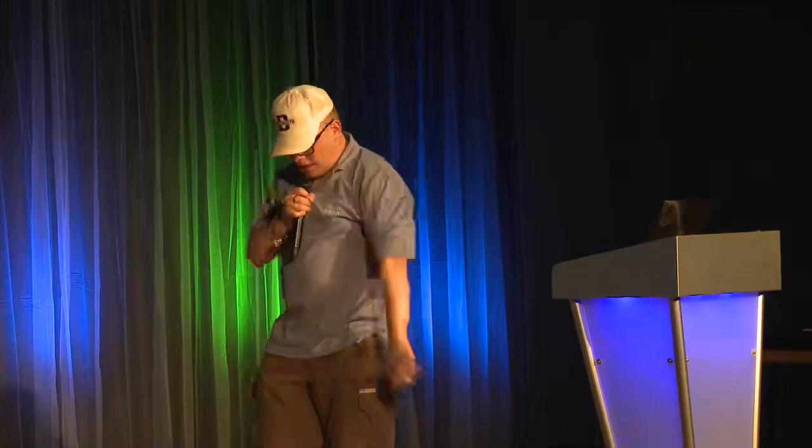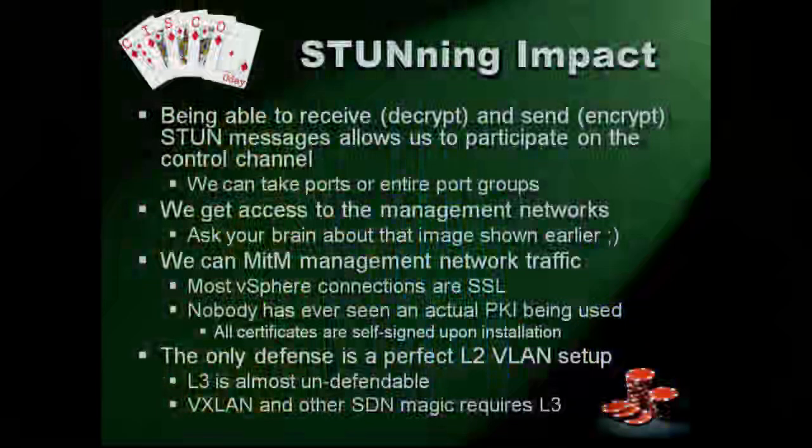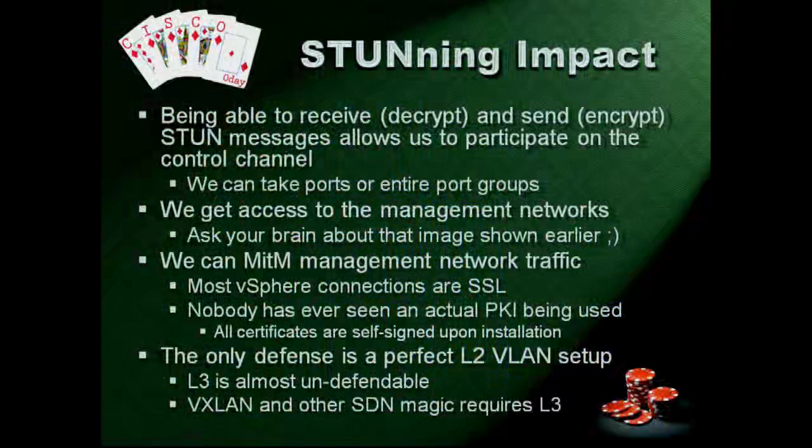That means this protocol being called stun, this has some stunning impacts because we can also encrypt the traffic. That means we do the same thing as if talking on the backplane of a 6500 series Cisco Catalyst switch.